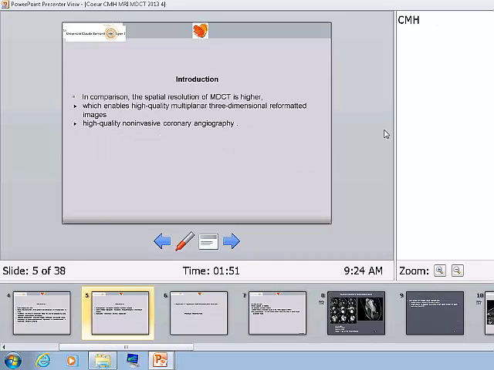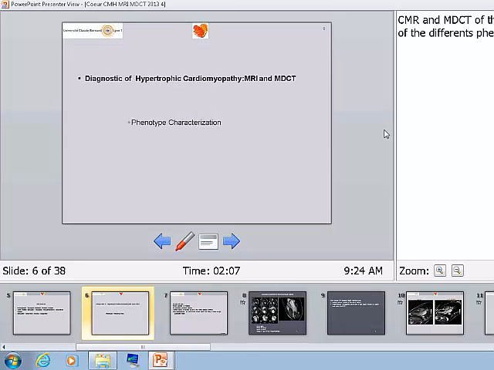In comparison, the spatial resolution of MDCT is higher, less than 0.6 millimeters, which enables high-quality multiplanar three-dimensional reformatted images and high-quality non-invasive coronary angiography. Cardiac MR and MDCT of the heart allow precise description of different phenotypes of HCM.